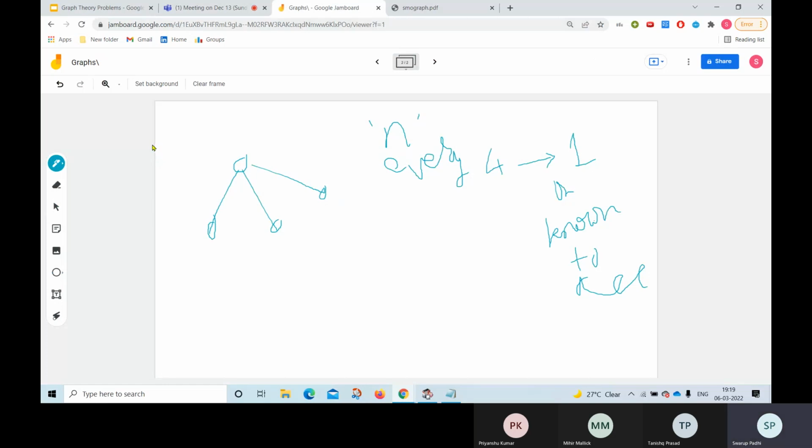You can try thinking for small graphs and try extending it for larger graphs, or perhaps try to prove it by contradiction.